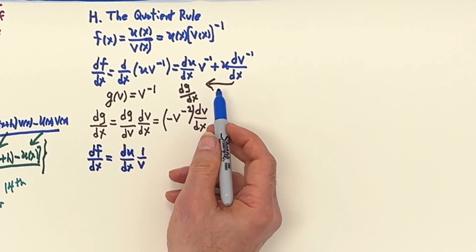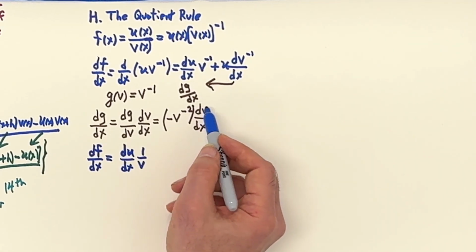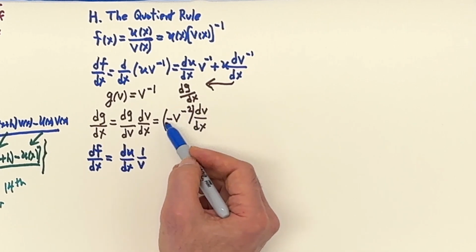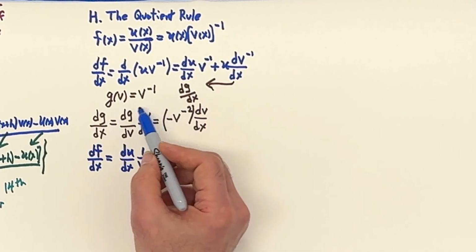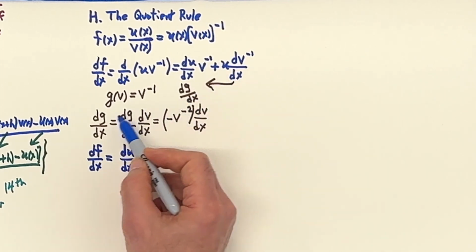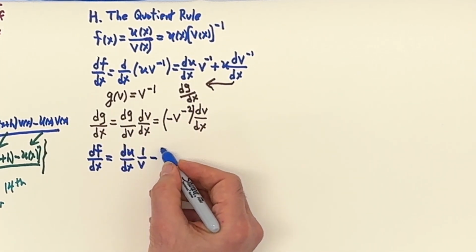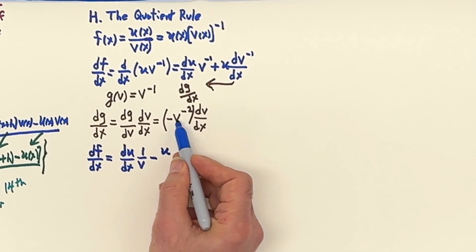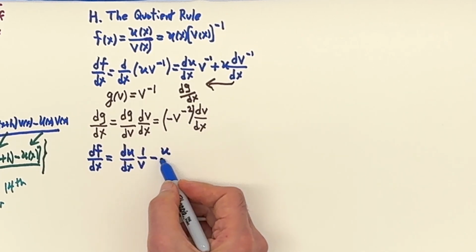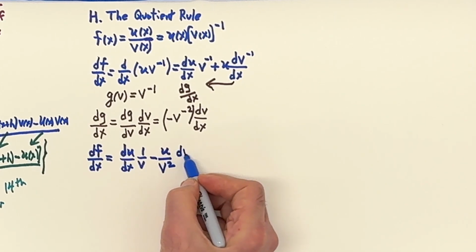And what I'm adding is u times what I have here, because this is simply dg dx, this second factor. Just have to put a u in front. And there's a minus sign, so I have minus u, and now I have 1 over v squared, and then I have dv dx. I'm finished.